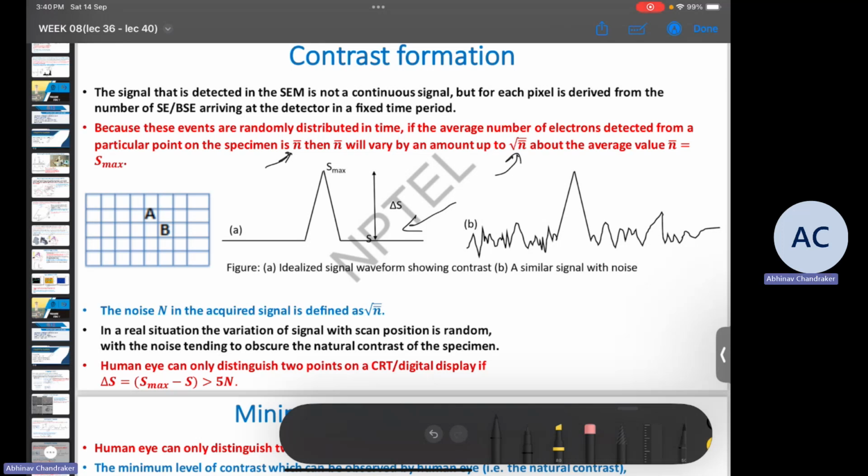The reason that we are taking a square root here to quantify the noise is that this is a stochastic process. A lot of randomness is involved, and on average, the amount of noise in these kinds of measurements tends to be the root of the total amount of signal that is received. So for example, in this image we can say that this is our signal while all of this is our noise.